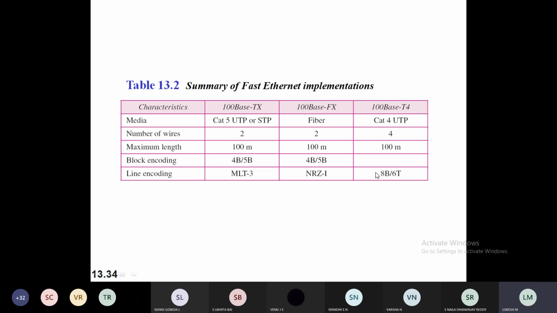These are the line encoding techniques which are performed at the encoder and decoder. Okay, when they want to communicate securely. Okay, that's about the fast Ethernet implementations.